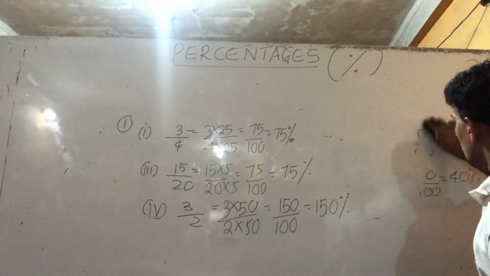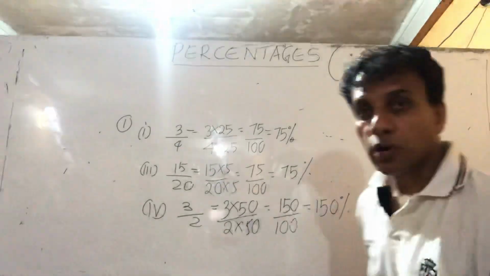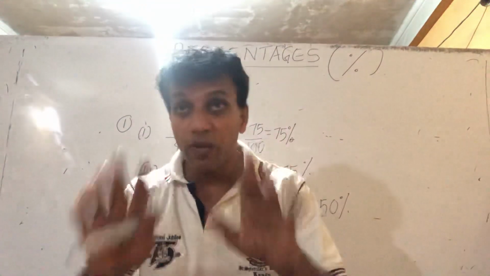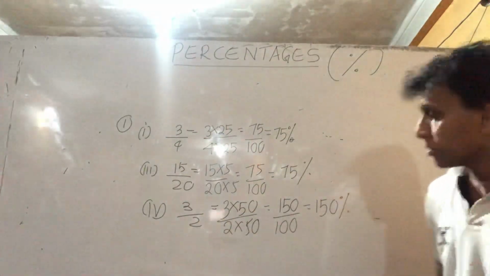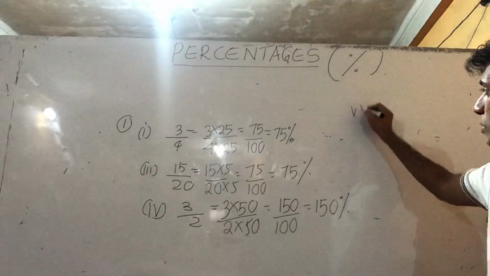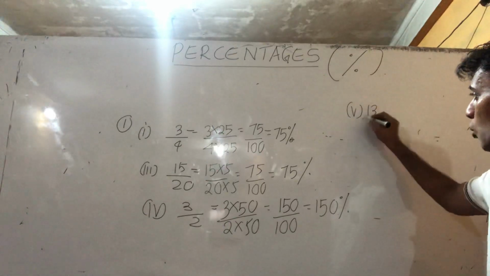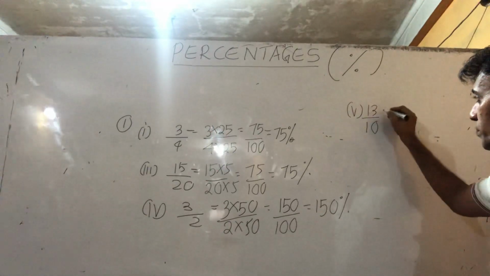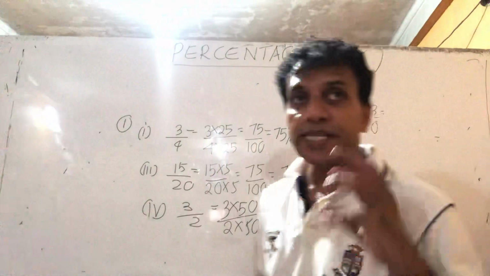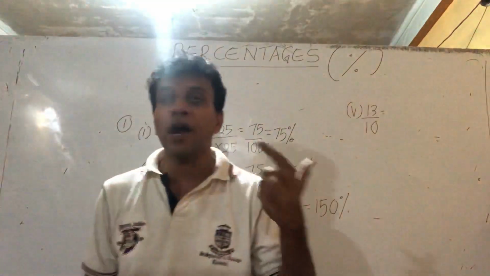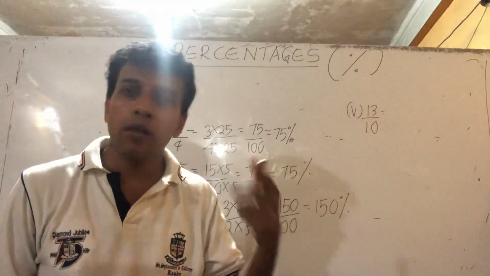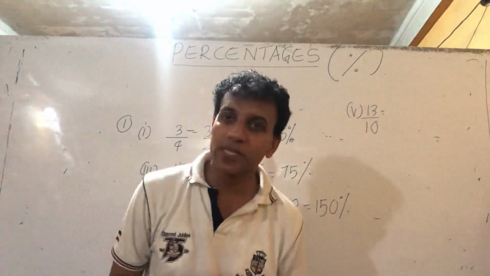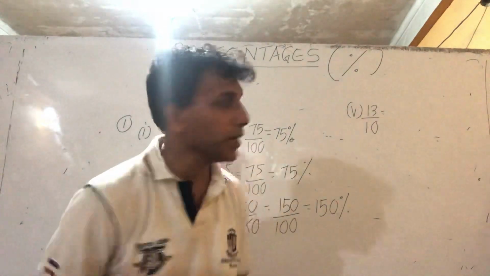Want to try the next question? How about the next problem? Try it. Stop the video, try it and check my answer with me. 13 over 10. So what is the idea? Make the below number 100. 10 there, multiply by 10. 10 times 10, 100. Okay.